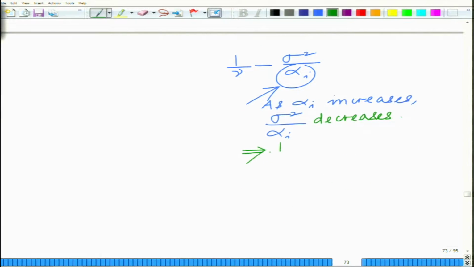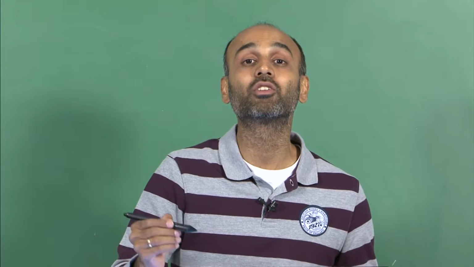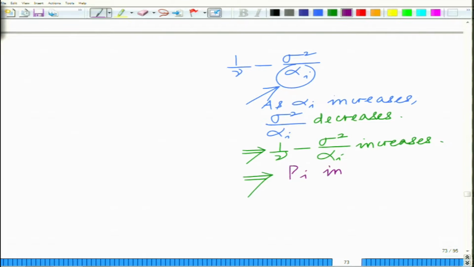This implies 1 over nu minus sigma square by alpha I increases, implies that as alpha increases, the power Pi increases. Alright. So, more power is allocated to the stronger channel.